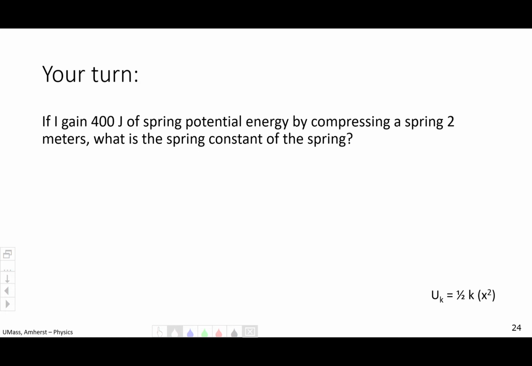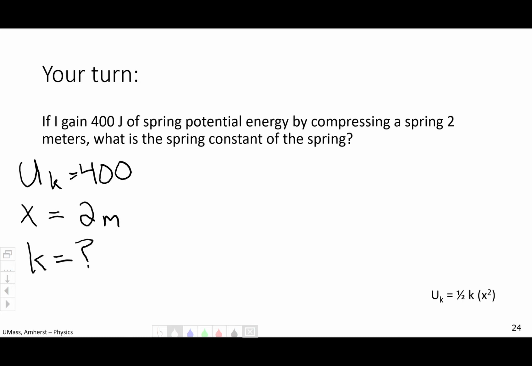And we're back. All right, so if I have 400 joules of spring potential energy, that means I'm going to put that in as UK equals 400, and my distance of compression is 2 meters. I want to know K, the spring constant.